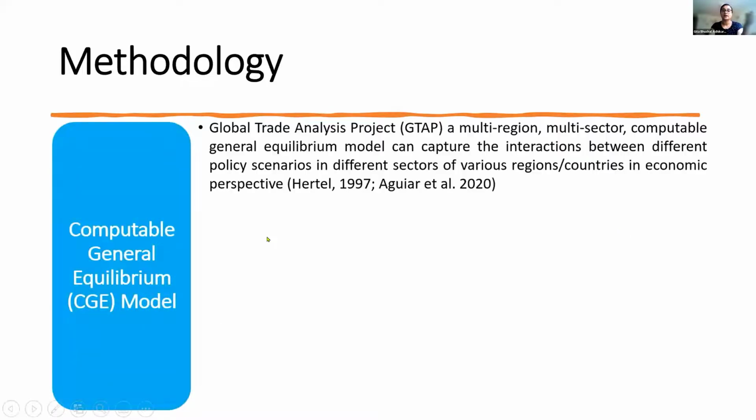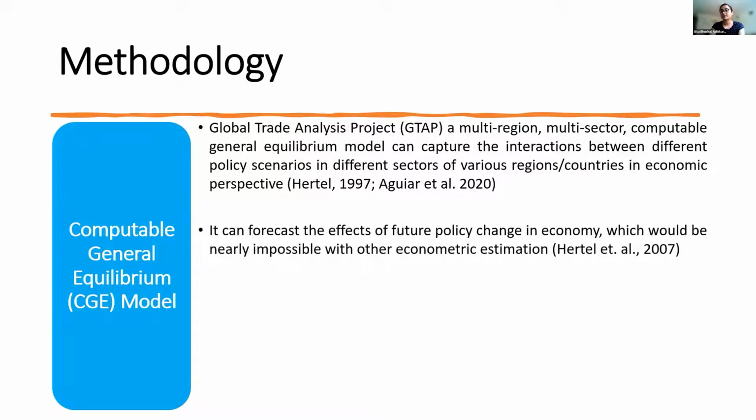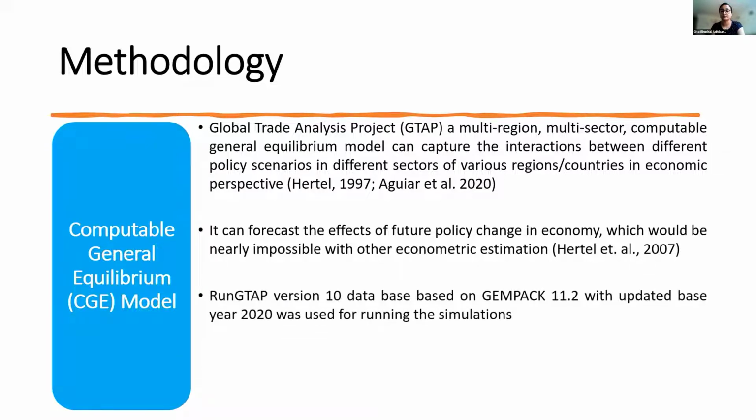And coming to the GTAP model, we all know it's a multi-region, multi-sector computable general equilibrium model that can capture the interactions between different policy scenarios in different sectors of various regions, countries, and economic perspectives. It can also forecast the effect of future policy change in the economy, which would nearly be impossible with other economic estimations.